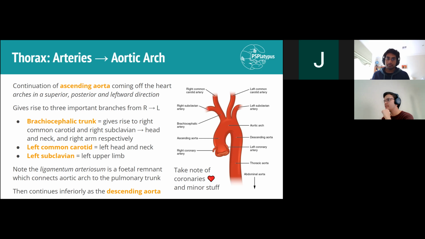From the subclavians, as they continue on, before they get into the arm and form the axillary artery and so on, they're going to give off one small branch that sort of goes down like this. And that goes up to the front of the thorax, and that's what's supplying the anterior chest wall. Whereas the descending aorta and the thoracic aorta, those give off the branches that supply the posterior intercostals and the back part of the chest wall.